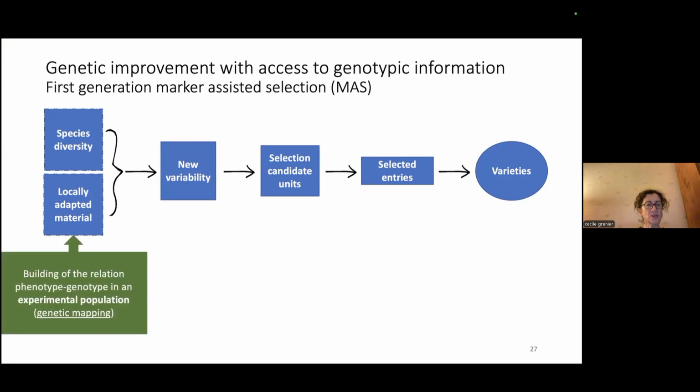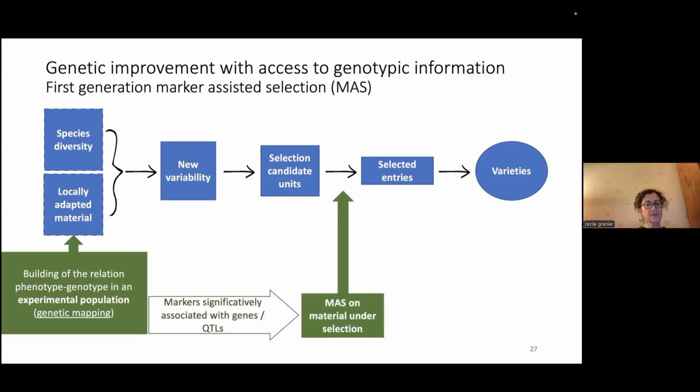In this first generation, from the species diversity and the locally adapted material, you develop an experimental population on which you will study the relationship between the phenotype and the genotype. Basically, some association mapping or QTL mapping.